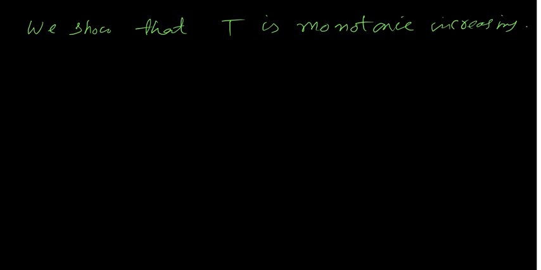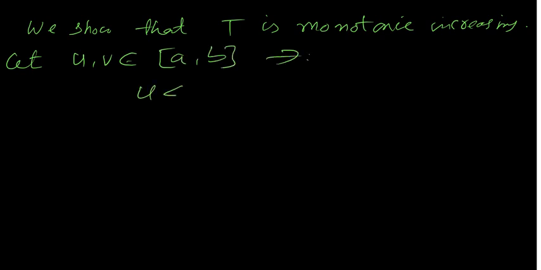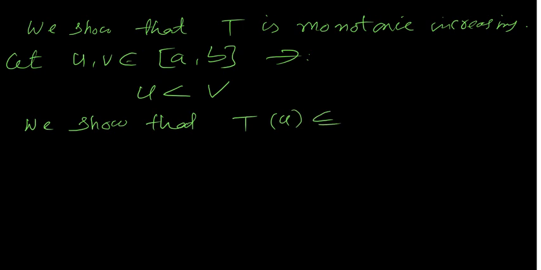Let u, v be any points in the interval [a, b] such that u is less than v. We will show that T(u) is less than or equal to T(v). Monotonic increasing, we show that T(u) is less than or equal to T(v).